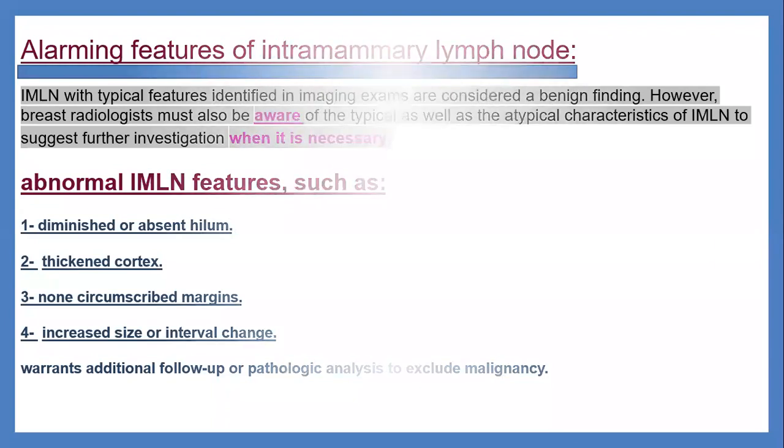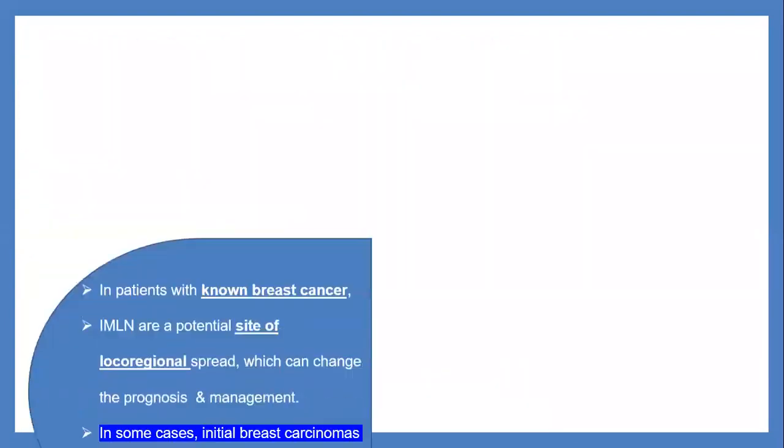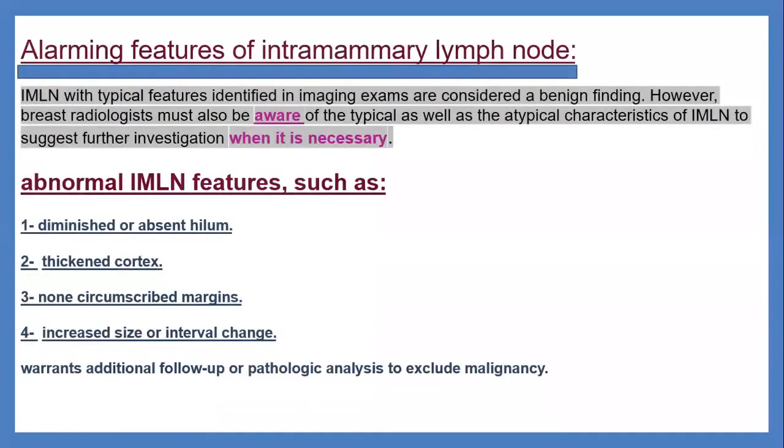Okay, so is an atypical intramammary lymph node always a metastatic lymph node? It could be reactive. I have seen abnormal intramammary lymph nodes that were not metastatic.